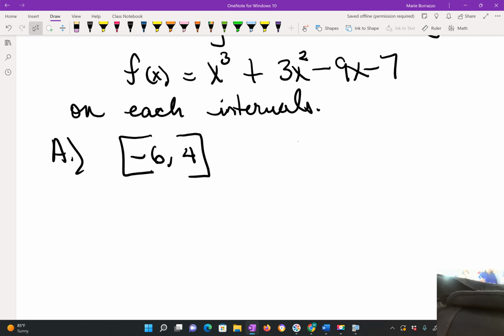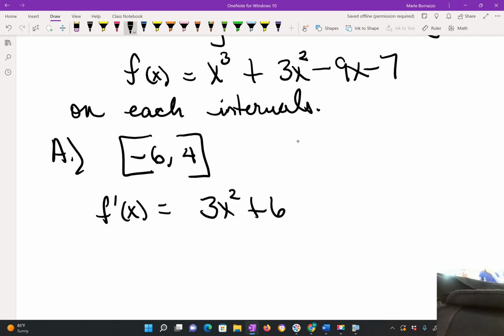Can we find the first derivative? If I take the first derivative, I'm going to get 3x squared plus 6x minus 9. I'm going to factor out the 3 because 3 goes into all 3 of these, right? So if I factor out the 3, I'm left with x squared plus 2x.